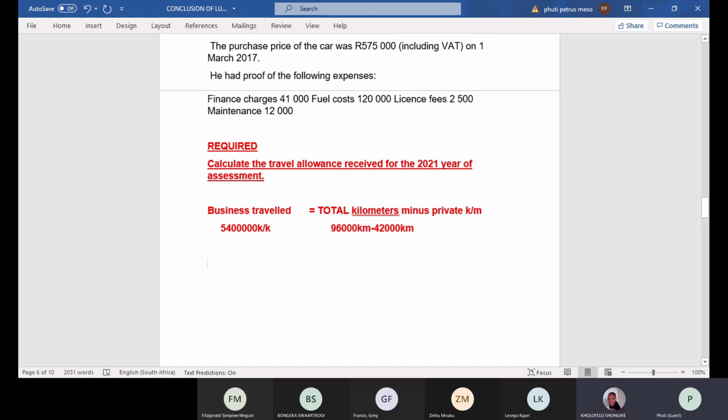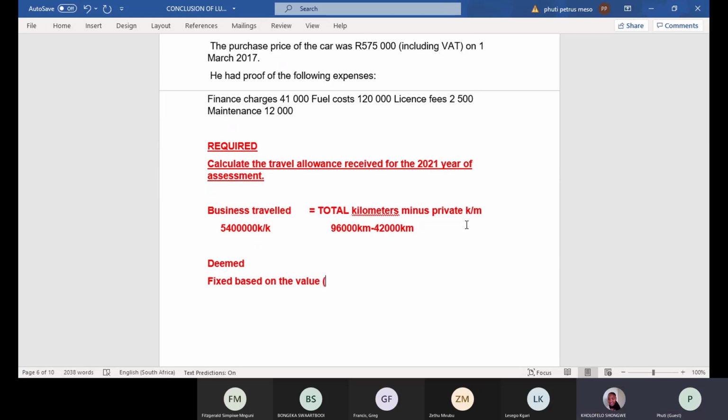The second part, I had to calculate the deemed cost. So I then had to look at the value of the car, which is 575,000 on the table, so that I can get my fixed cost, fuel cost and also maintenance. How much was your fixed?